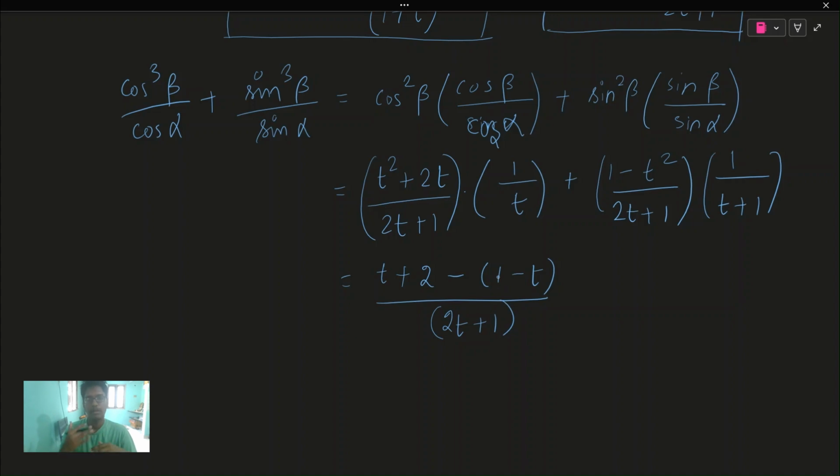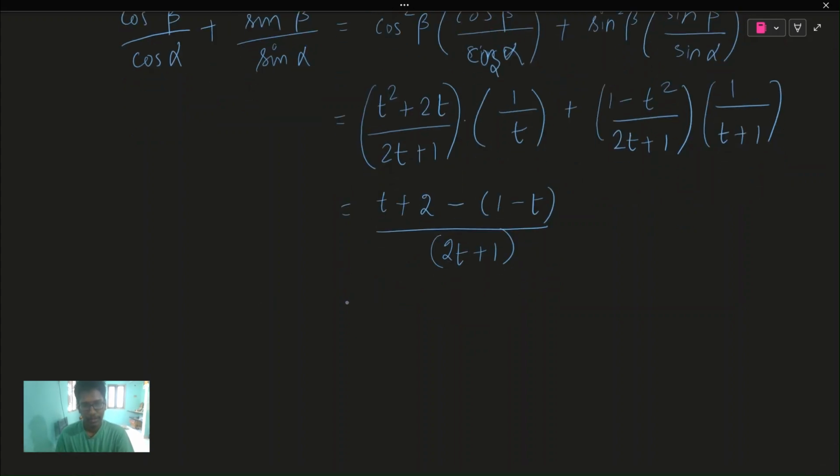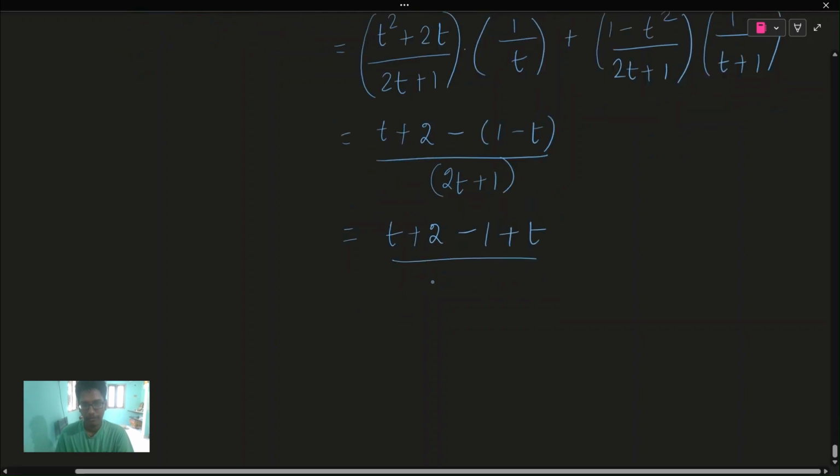I have skipped 2 steps and come directly to the particular work. So you would get t plus 2 minus 1 plus t divided by 2t plus 1, which is nothing but 2t plus 1 by 2t plus 1, that is 1.